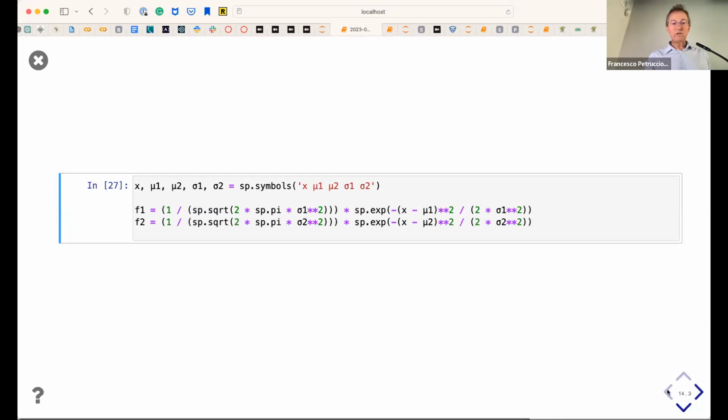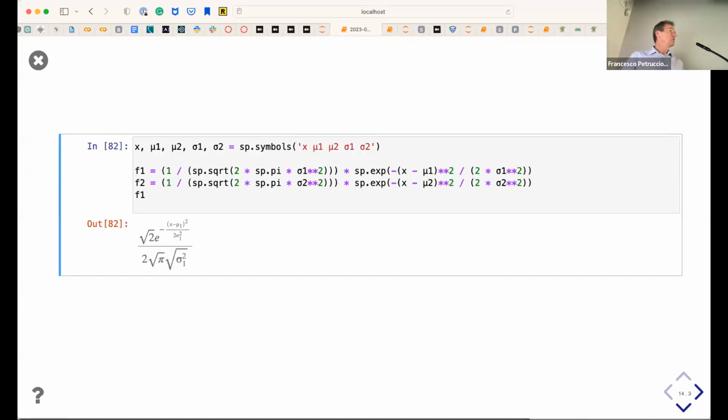You see it really uses the mu1 symbol in the expression. For instance, if I want to see F1, it uses it very nicely. By default, it doesn't cancel the square root of 2 in the denominator, but we could force it with simplify if we wanted to.